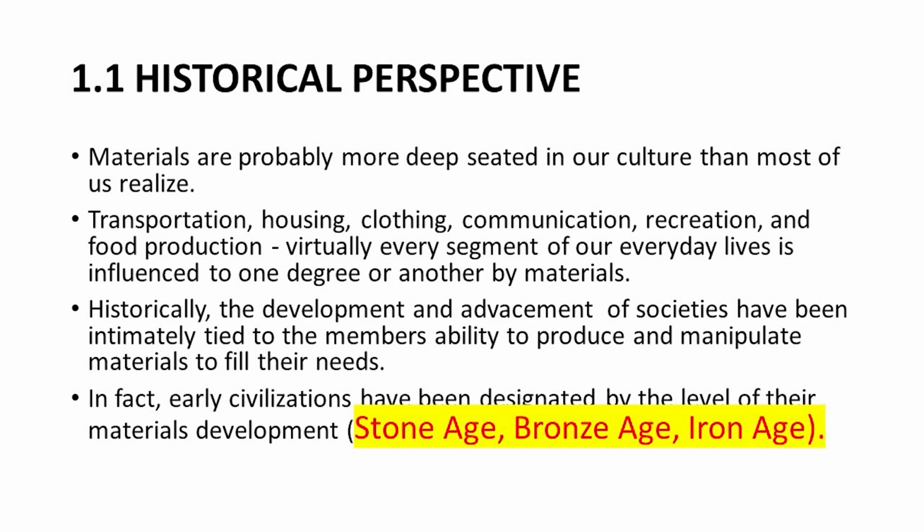After that, Bronze Age. After that, Iron Age. So when we think about the civilization development, we use materials' names: stone, bronze, and iron. That means materials are very close to our life. So material has a very decisive history.